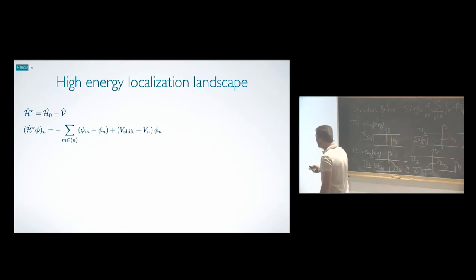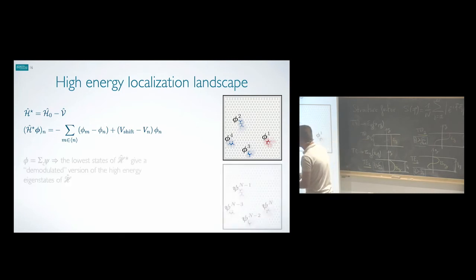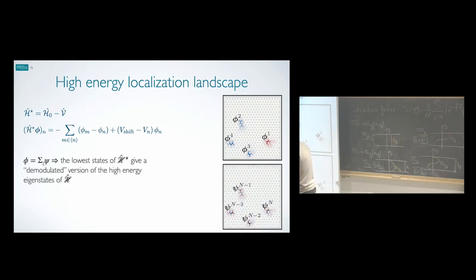And now the lowest eigenstates of this new Hamiltonian have a relation with the highest eigenstates of the original. And what is the relation? Very elementary school algebra shows that these new eigenstates are simply the image through this operator of the original ones, with energy minus E. So it means that phi gives a demodulated version of the high energy eigenstate.